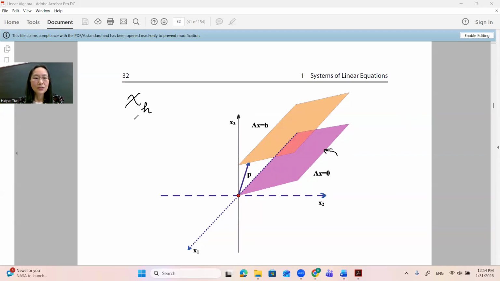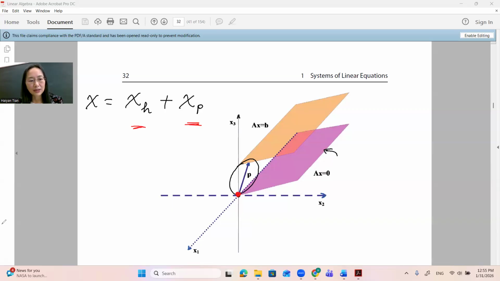And then the solution of the non-homogeneous system will be X, if you add this by this P, which is a particular solution. That vector is actually a particular solution to the non-homogeneous system, because in the special case, when the homogeneous solution is the trivial solution, you add that constant.